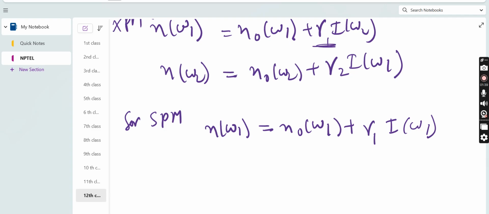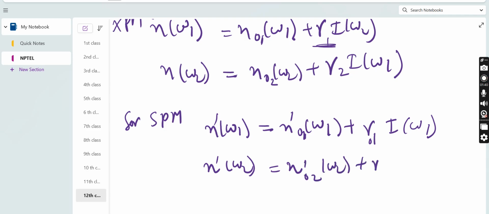So this gamma 1 and this gamma 1 will not be the same. That's why I'm putting some dash. So that is 1, this is 2, we need to put a dash. For omega 2 it would be n0 of omega 2 plus gamma 2 I of omega 2.